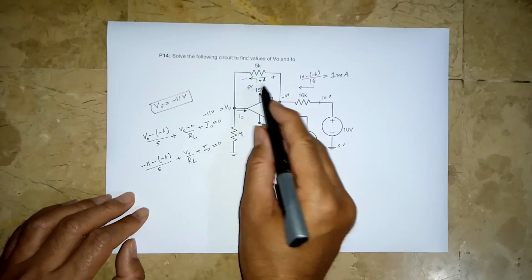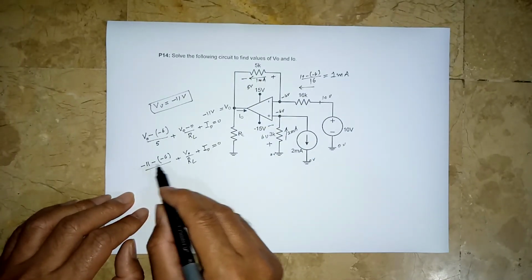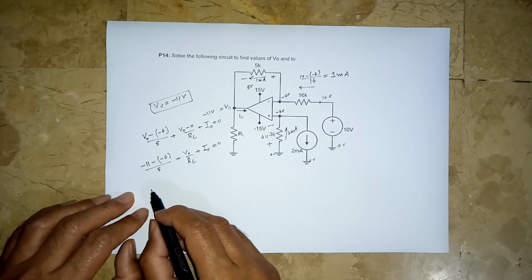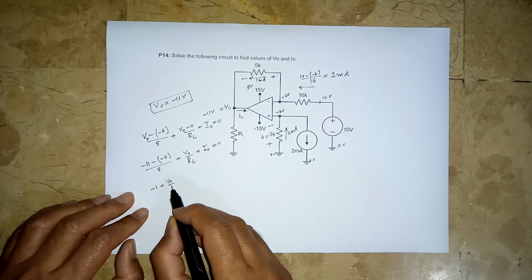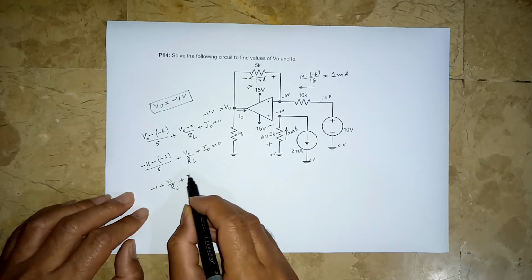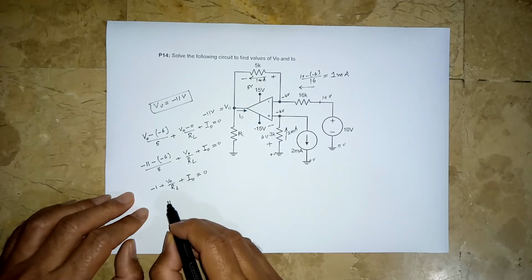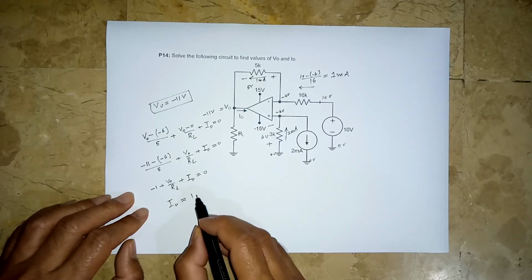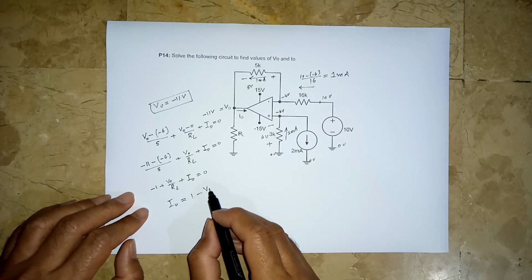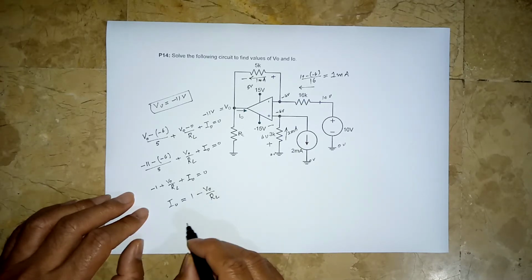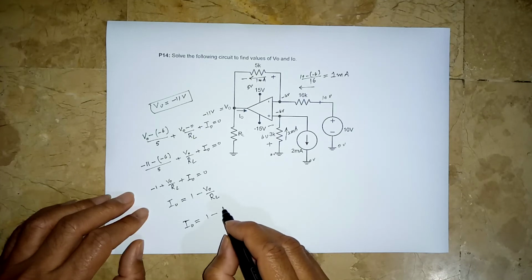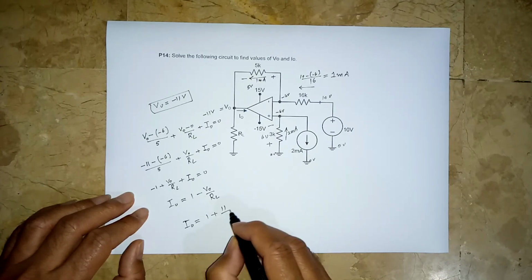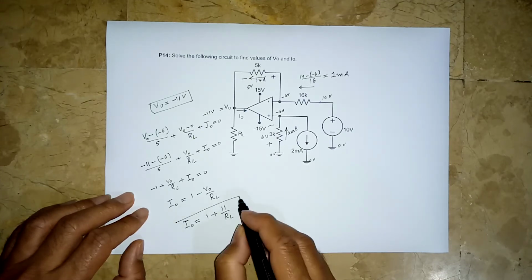And we know this is minus 1, so we have minus 1 plus VO over RL plus IO equal to 0, going to give us IO is equal to 1 minus VO over RL, or IO is equal to 1 minus minus 11 over RL, that is 1 plus 11 over RL.